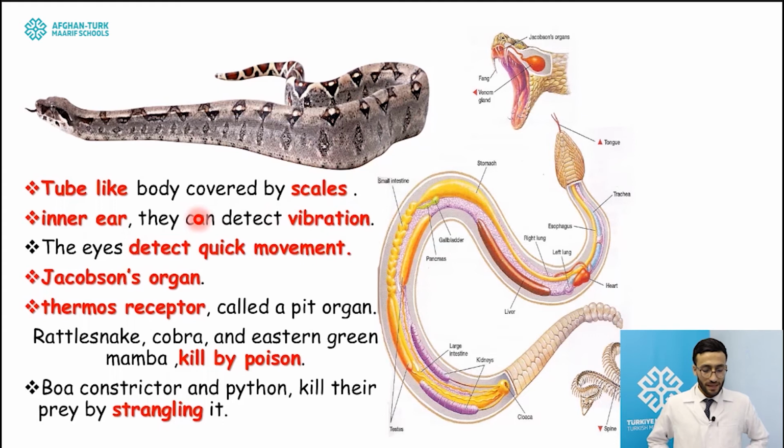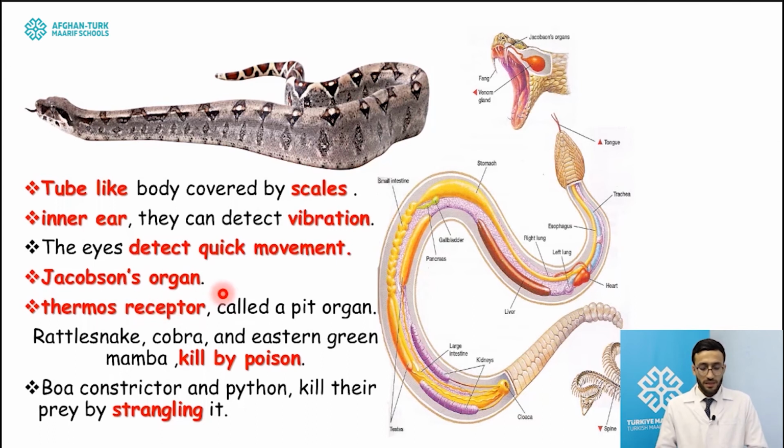They possess an inner ear that is modified in order to detect vibration. Also, their eyes are modified to detect quick movement. Also, inside their head, they have the Jacobson's organ, which is a special organ used for sensing situations.